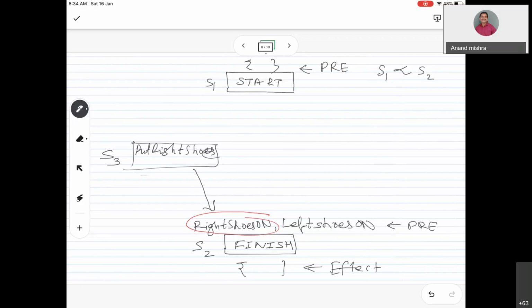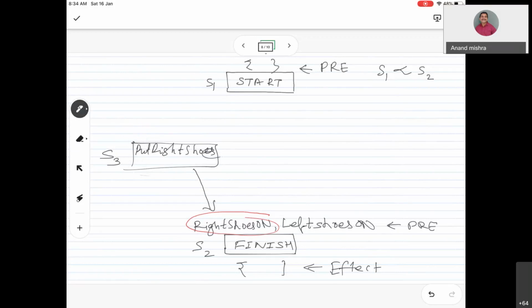What is the precondition of S3? Put right shoe. What is the precondition of S3? Anyone? Put right socks. Yeah. So the precondition is that it should be on, right?